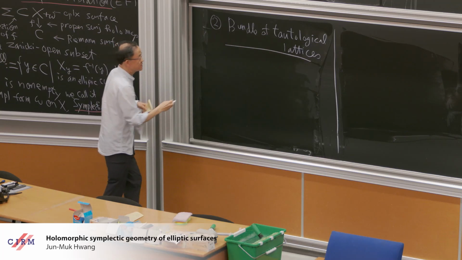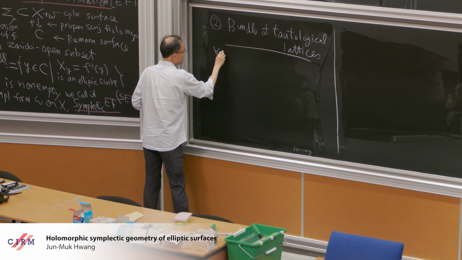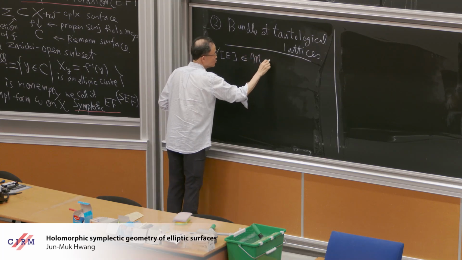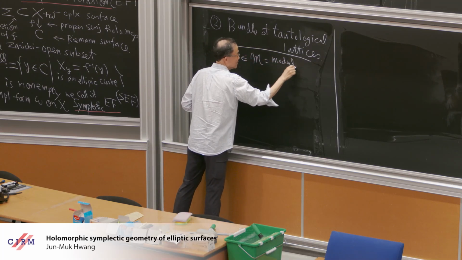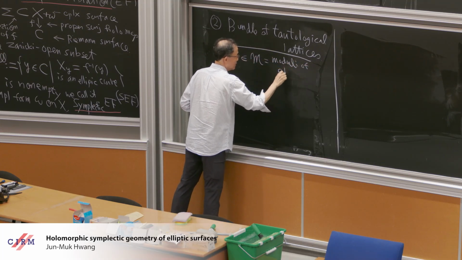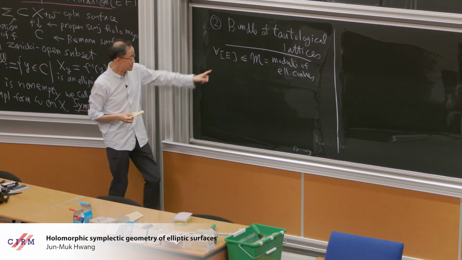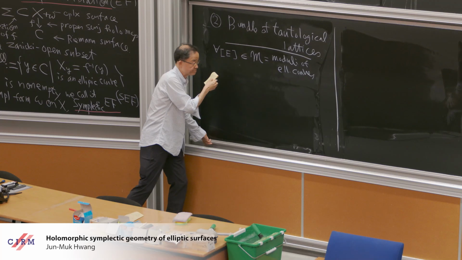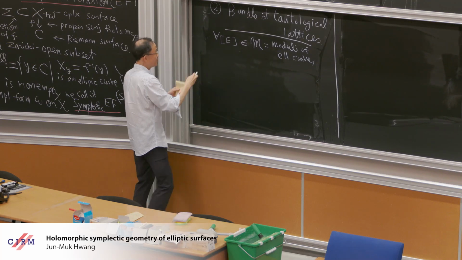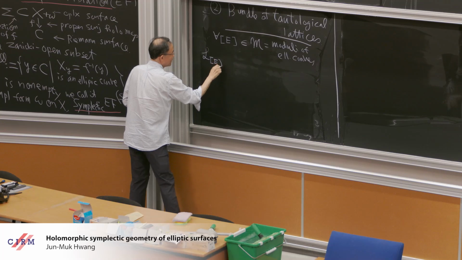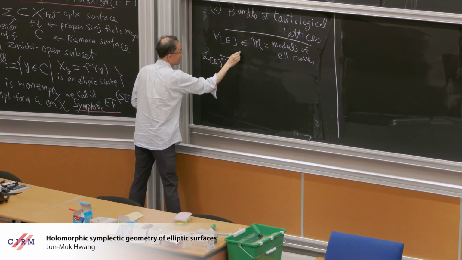So what we do is, for each point in the moduli of elliptic curves, so for each point, which is an elliptic curve E, let's consider the following. L_E is defined as follows.